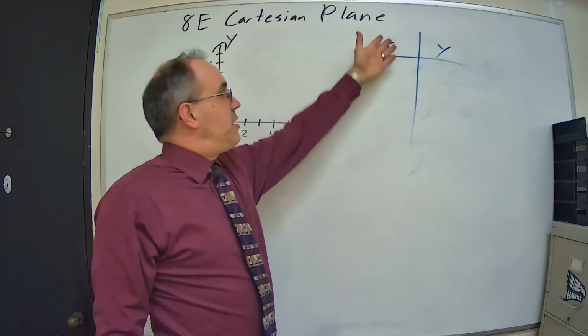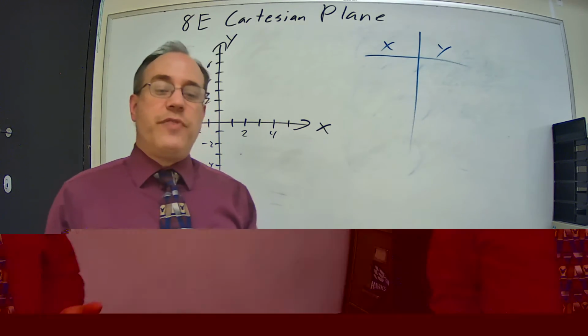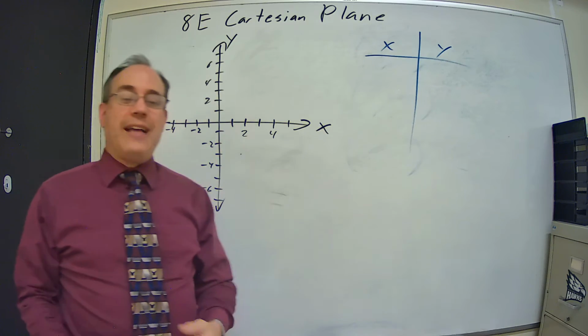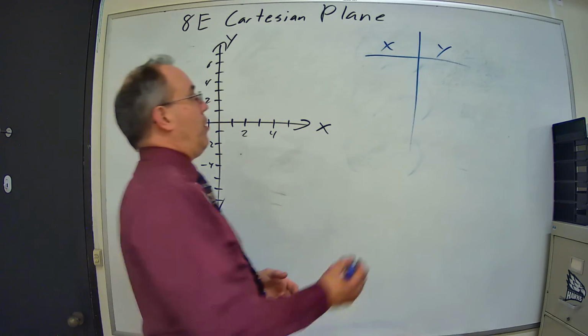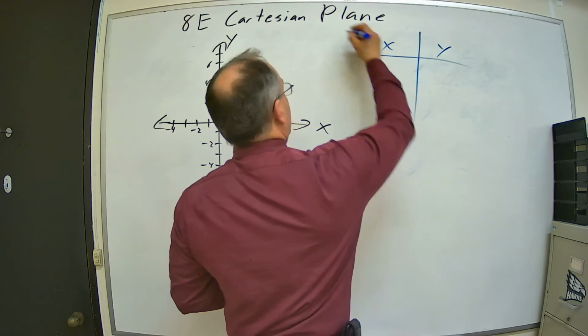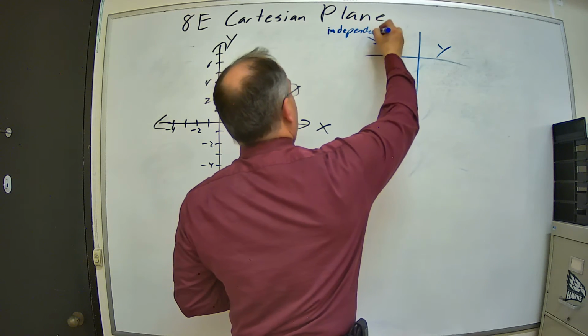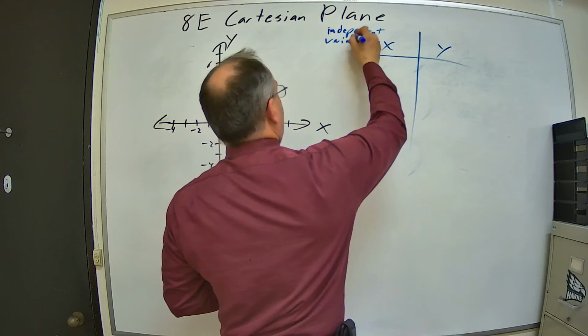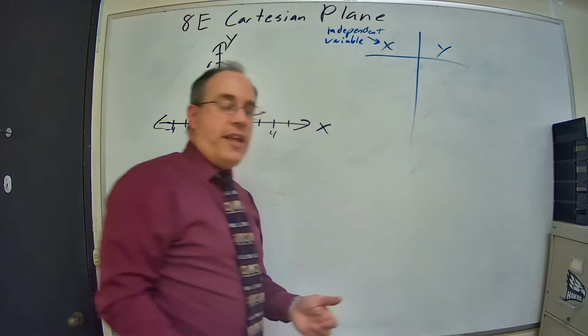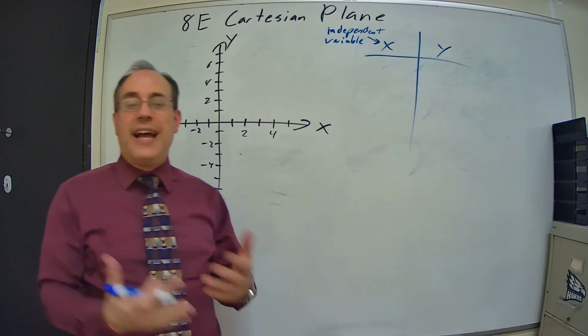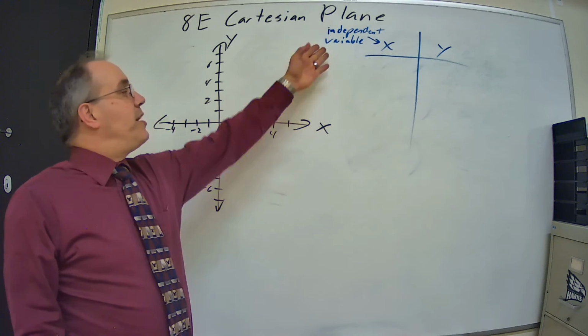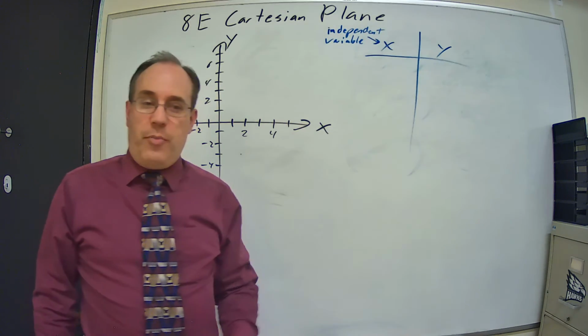This first column, the x value, is usually referred to as an independent variable. If something's independent, it doesn't rely on anything else. So the independent variable, that's like the starting variable.